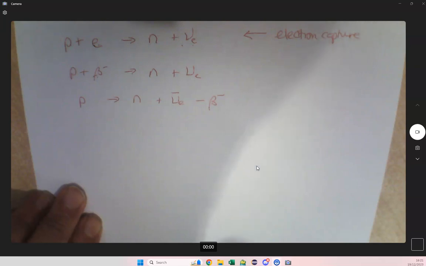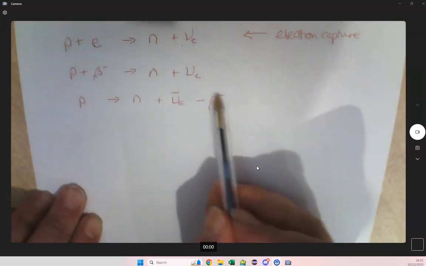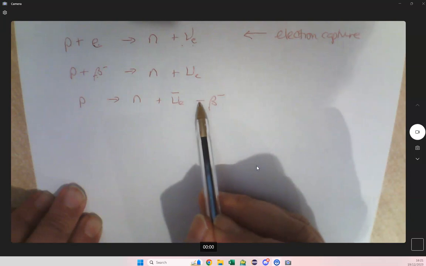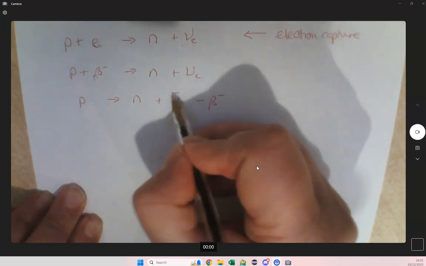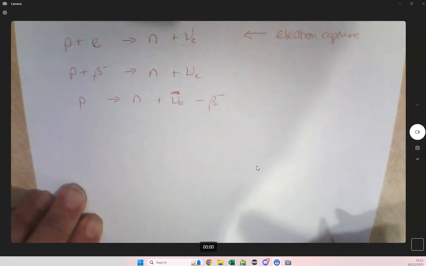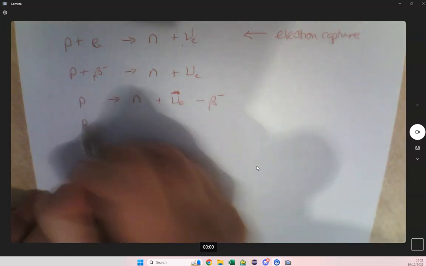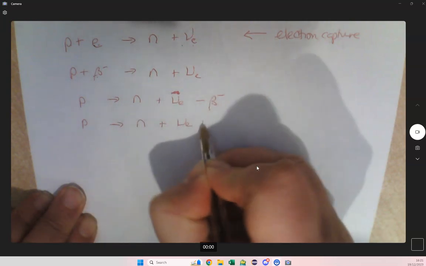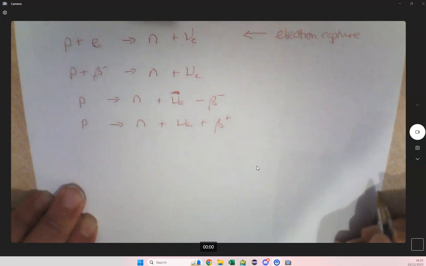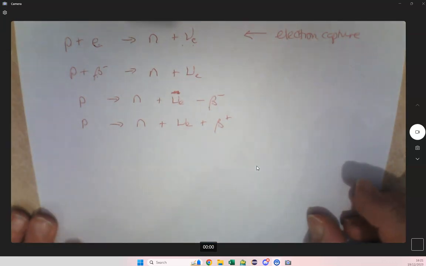So, what's actually happening now is I've got a minus minus again. So I've got a minus of a beta particle. Now a minus means it's the anti-particle version of it. Sorry, I've put an anti-electron neutrino there. So I then end up with a proton going to a neutron plus an electron neutrino plus a beta positive in terms of the setup.